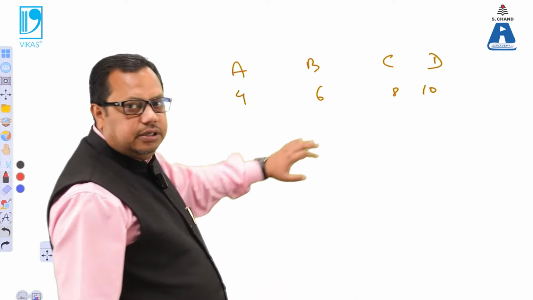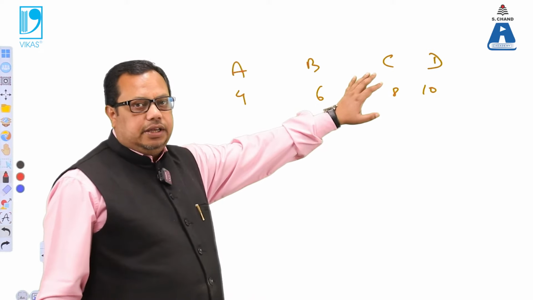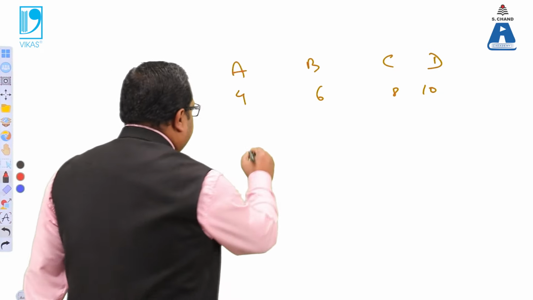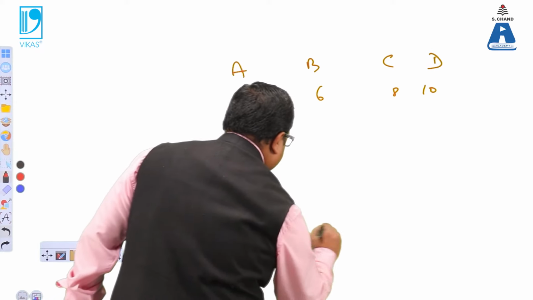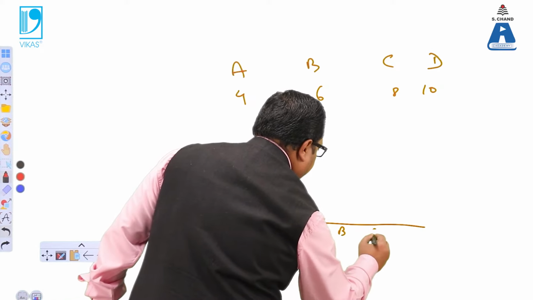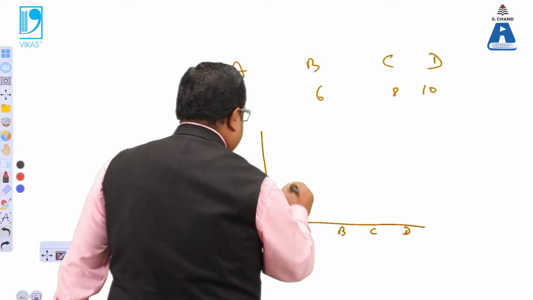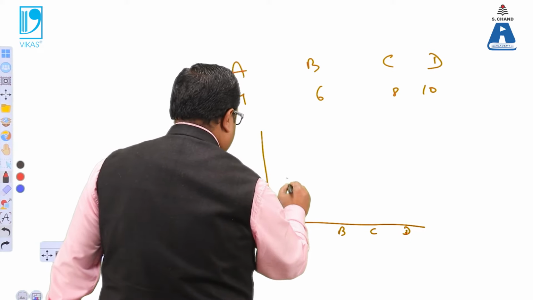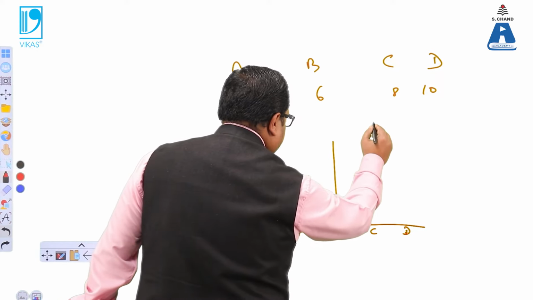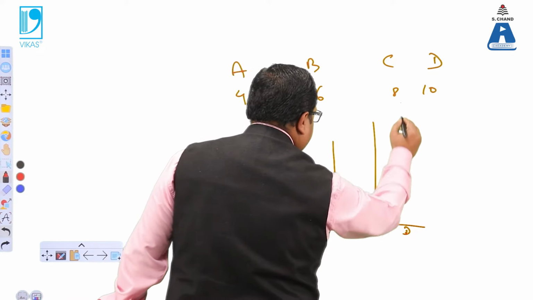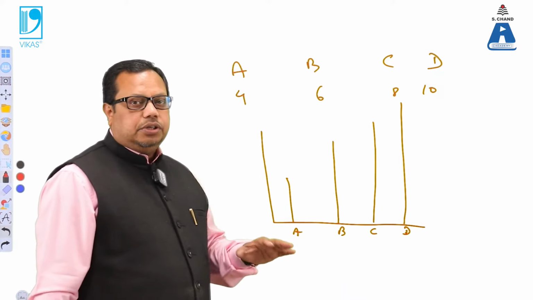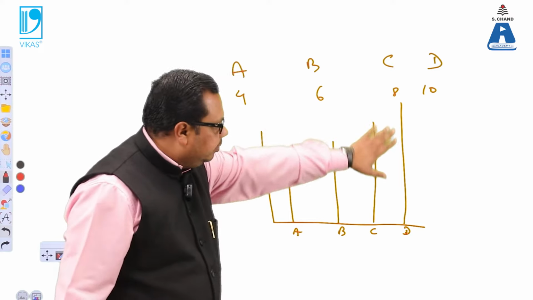So we can see here that the value of D is the highest. Suppose I make a graph here: this is A, which is 4, B is 6, C is 8, and this is D, 10. This graphical representation allows us to see that this is the biggest value.